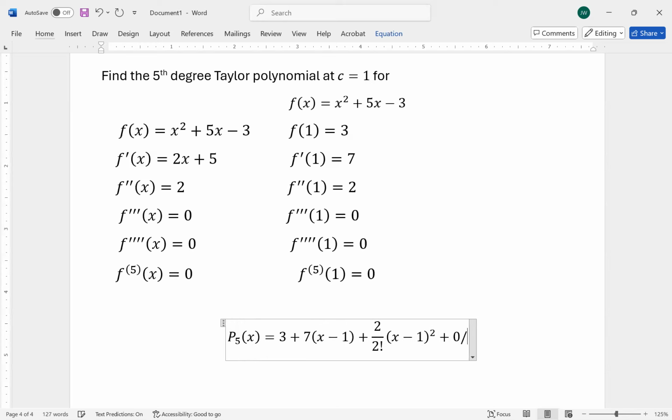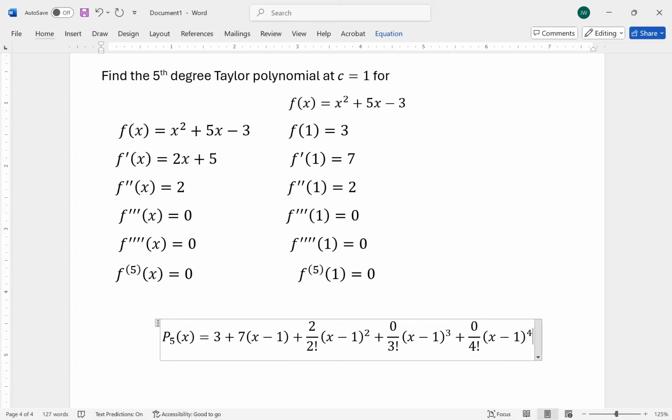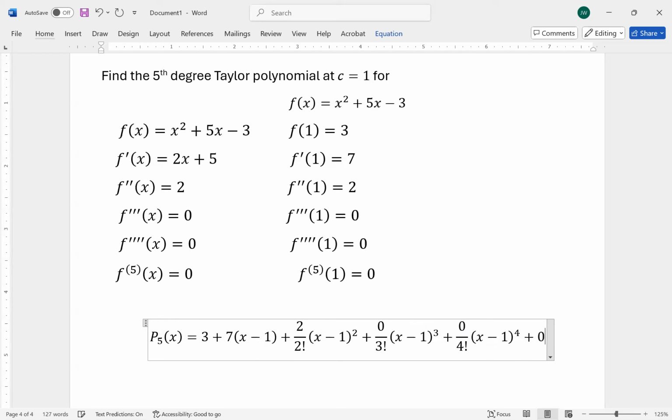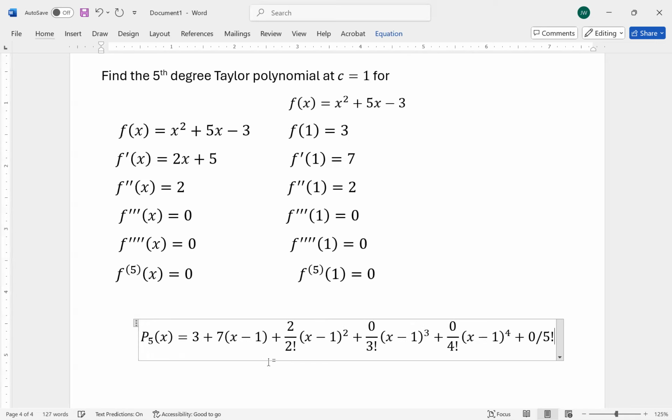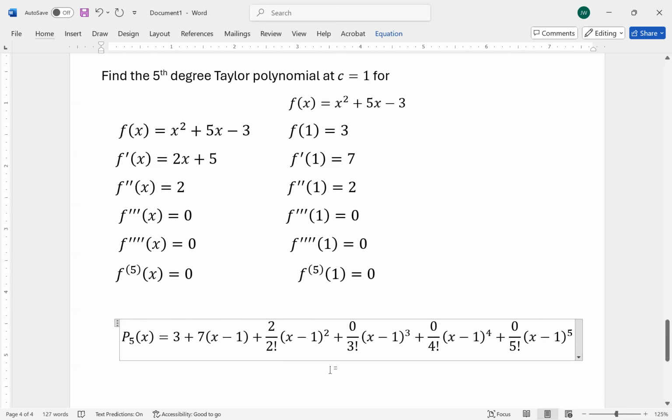So 0 over 3 factorial times x minus 1 to the third, plus 0 over 4 factorial times x minus 1 to the fourth, and then 0 over 5 factorial times x minus 1 to the fifth. There we are.